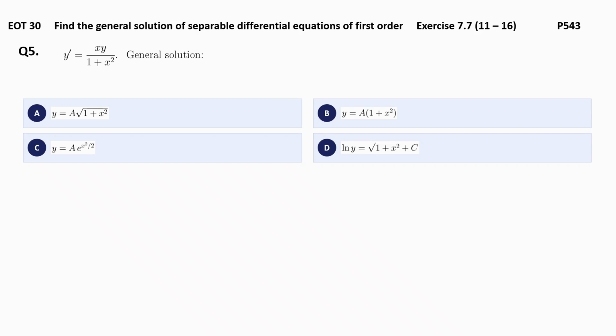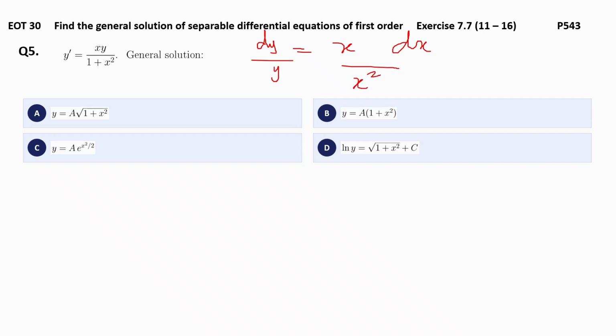Here, if you notice, x over 1 plus x square can be grouped as x and y can be taken to the other side. So it becomes dy over y, and already you have an x. dx will be brought next to it over x square plus 1.